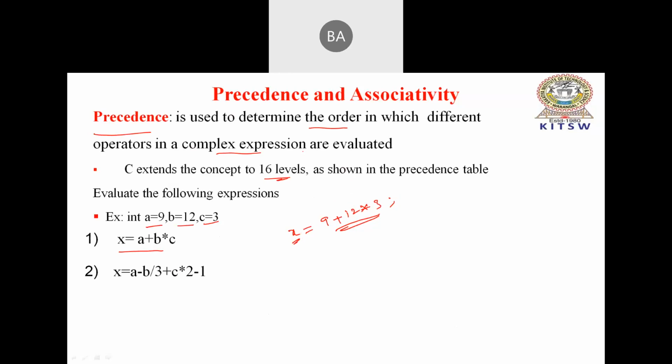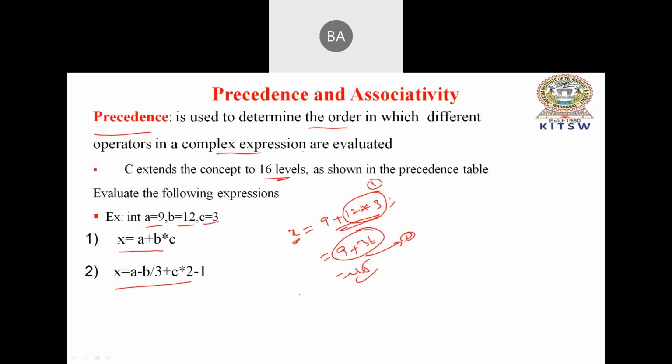Star will have higher priority than plus, so it will be evaluated first. So we get 9 plus 12 into 3, and 12 into 3 is nothing but 36. Then the plus operation is evaluated, which gives 45. 45 is assigned to x.